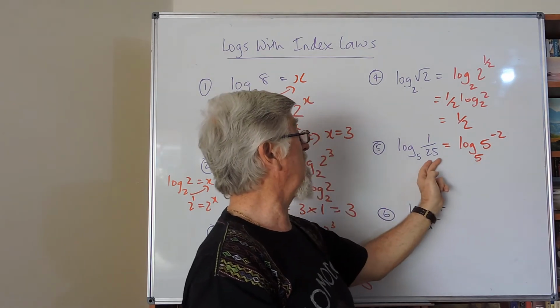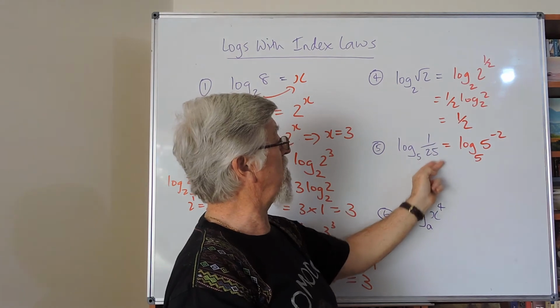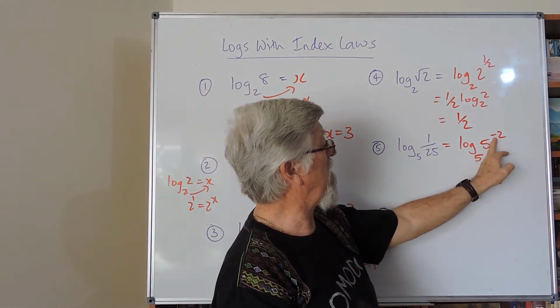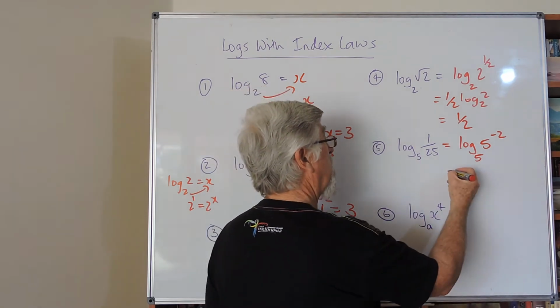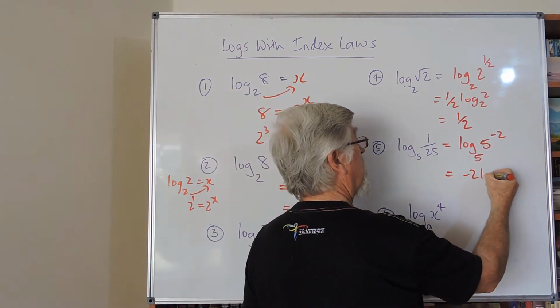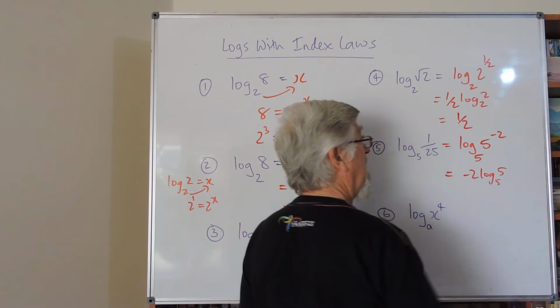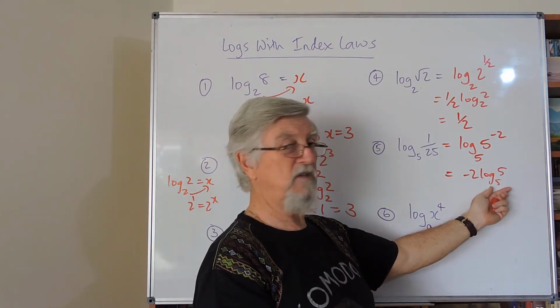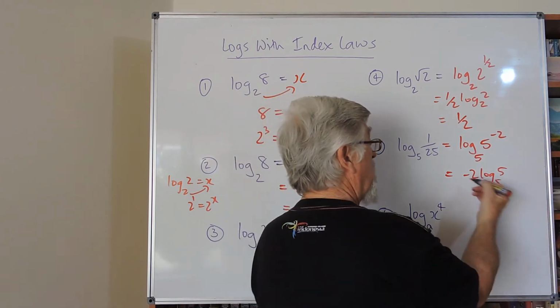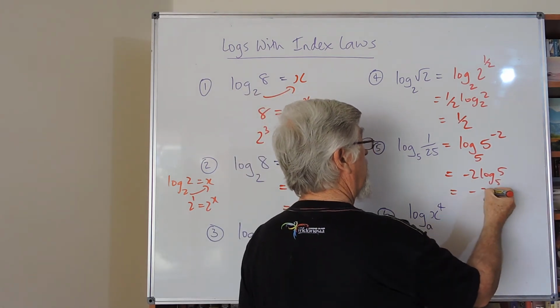And when you go from one to the other, top to the bottom or bottom to the top, the power changes its sign. The index changes its sign. So now we can write that with a minus 2 at the front with a log of 5 base 5. And we're back to this again, the log of 5 base 5, a log of 6 base 6, a log of 7 base 7, or 1. So that's minus 2 by 1, which is minus 2.